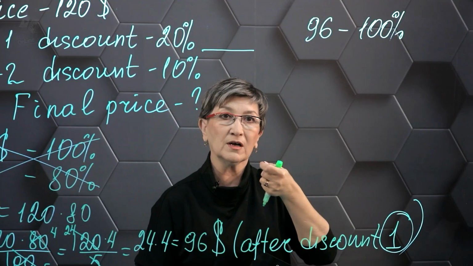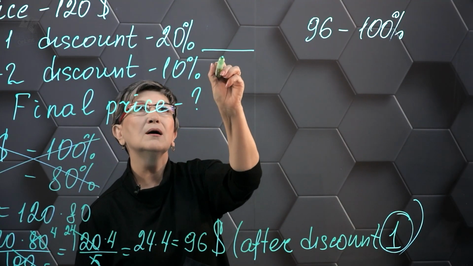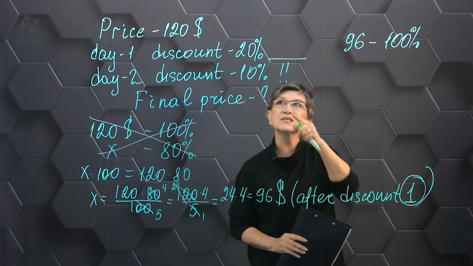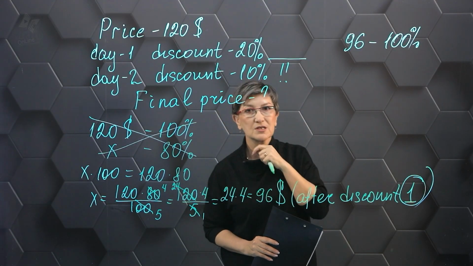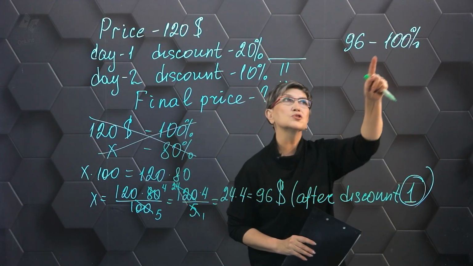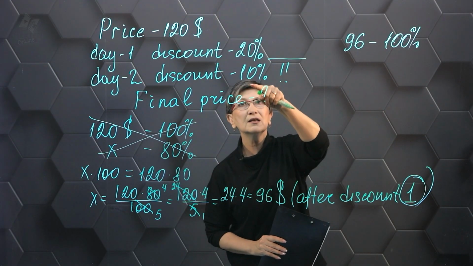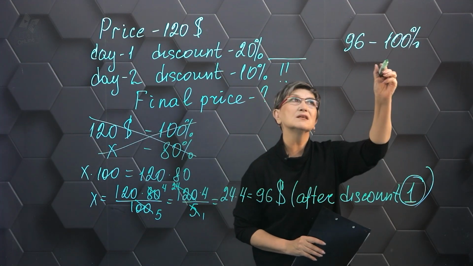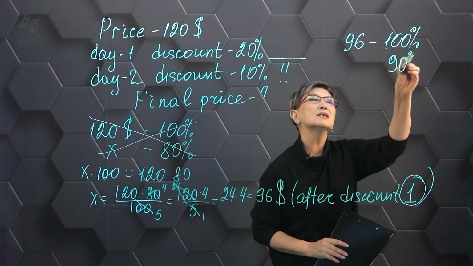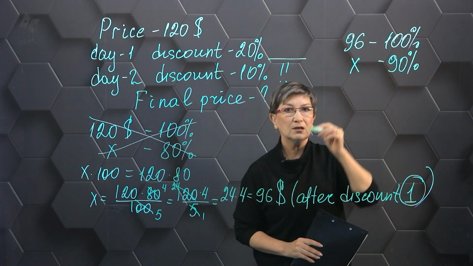That's already the new price. That's 100%. And now I need to calculate the price of the product after the second discount. Using our algorithm, the price of the item was 100%. Another discount, 10%. The price of the item is now 90%. And that's our final cost.